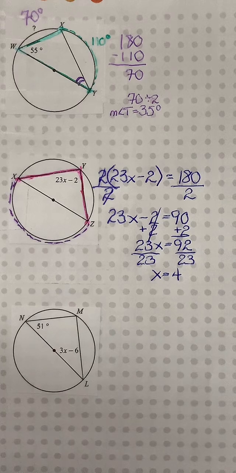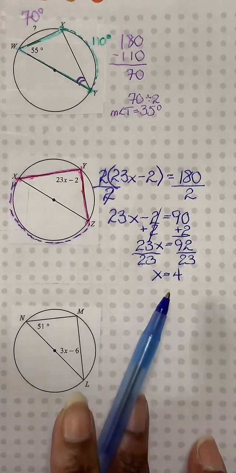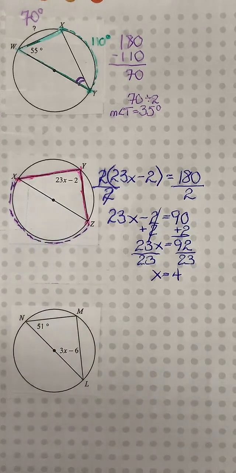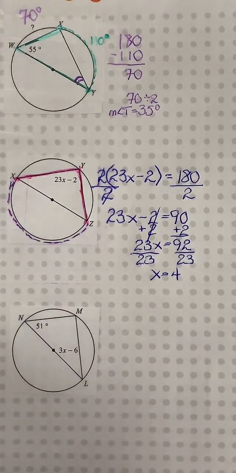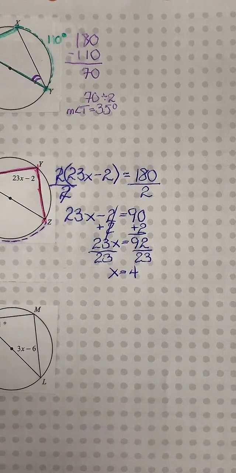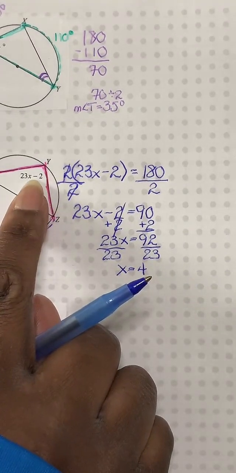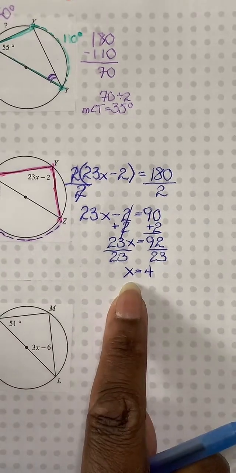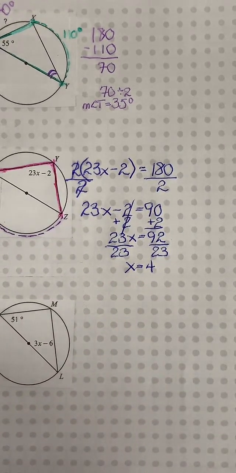Yes, Tisha, good. If x is equal to 4, I'm not done. I want to find the measure of this angle x, y, z. If it just said solve for x, boom, we're done.